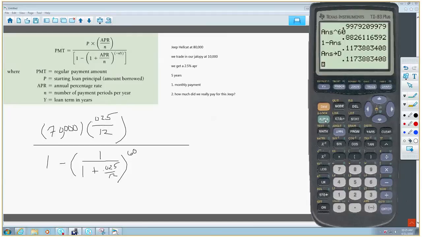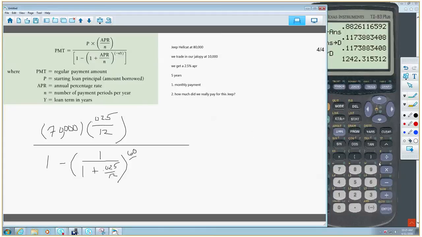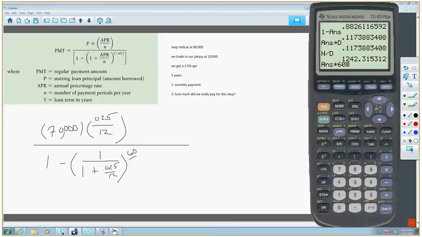So alpha N divided by alpha D, our monthly payment on this Jeep Hellcat is $1,242.32 a month. Okay? Write that down. And how many payments? Times 60, minus 70,000.